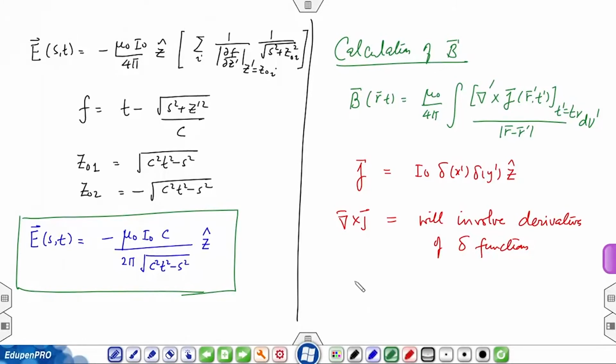Instead, what I am going to do is use Faraday's law, which says that curl of E should be equal to minus dB dt. I have already calculated E, so calculating curl is very easy, and then integrate with respect to time, and you get the answer for B. So, let me quickly outline this.